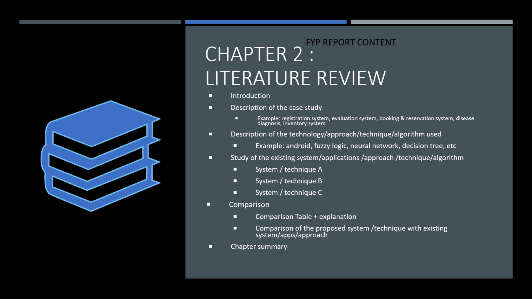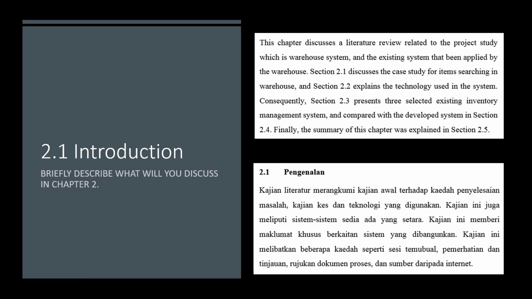Okay, let's have a look one by one item. So the first section is 2.1, Introduction. In this section, you are required to briefly describe what you will discuss in chapter 2. So the slides now show you an example of how to start the introduction of chapter 2.